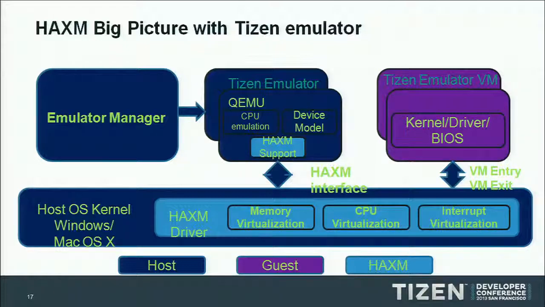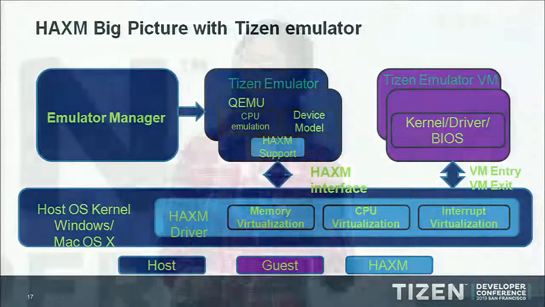Okay. And as a VMM, the HAXM driver should also be responsible for the I/O virtualization. The I/O virtualization basically includes the I/O memory access and interrupt virtualization. The I/O memory access basically includes the MMIO and port I/O, and both of them are privileged instructions. As we said before, when the guest runs privileged instructions, a VM exit will happen.